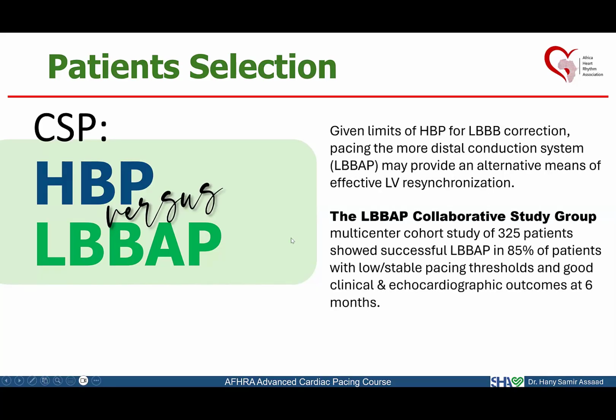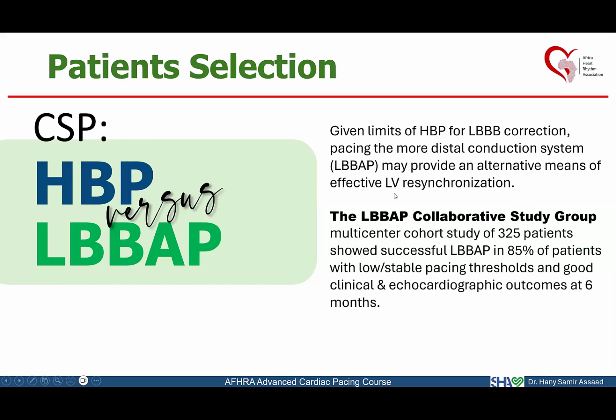And the answer will be given in detail later, but given the limits of His bundle pacing for left bundle branch correction, we know the difficult technique, the high pacing threshold, the rapid draining of the batteries. Pacing the more distal conductive system, the left bundle branch area, may provide an alternative means of effective LV resynchronization.